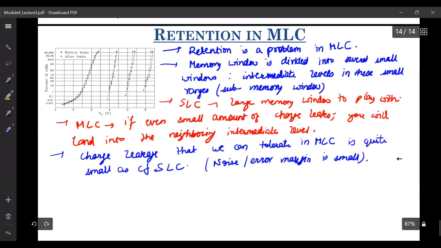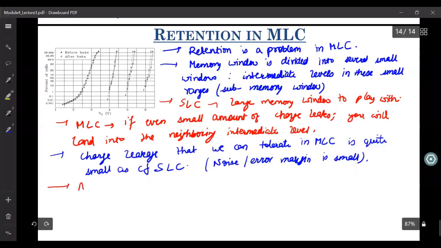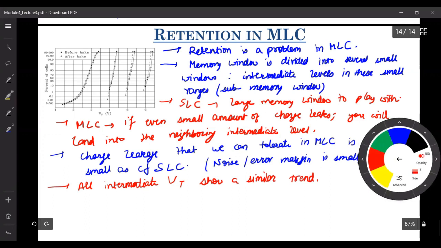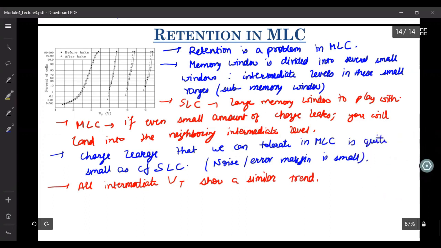However, if all intermediate VTs show a similar trend, what that means is, if you look at this curve, all intermediate levels, let's say this is one intermediate level, this is second, this is third, this is fourth.